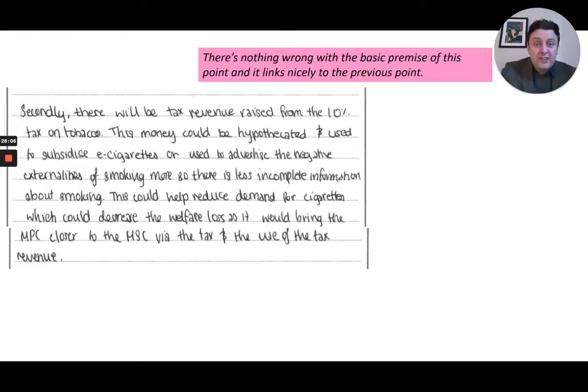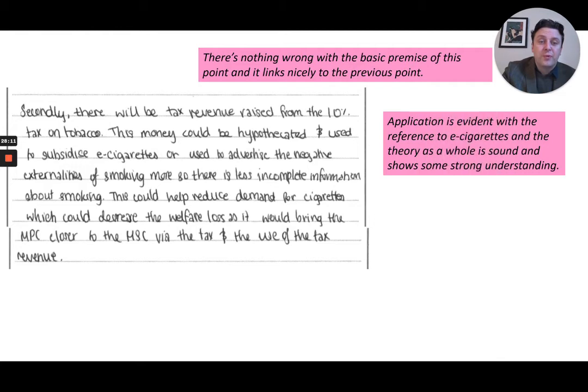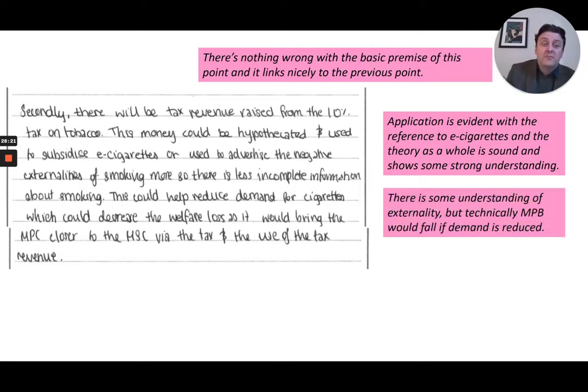Basically there's nothing wrong with this paragraph, and it links nicely to the previous points that the writer wrote. The application is evident with reference to e-cigarettes, and the theory is fairly sound. There's some understanding of externalities, but technically marginal private benefit would fall if demand is reduced.